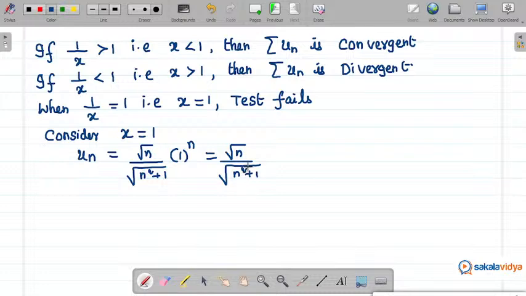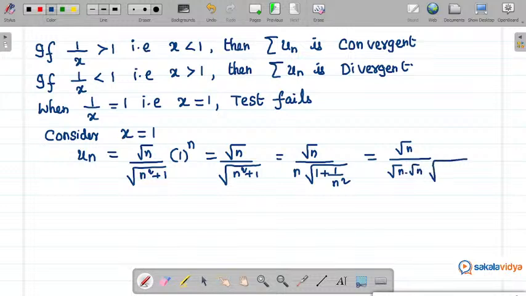So that means actually what we need to do now here, we need to choose Vn. How to choose the Vn? Here actually root n as it is, you keep it up. From root of n square, take n square common, n common out, n by under root of 1 plus 1 upon n square you will be getting. So root n by n, this we can write root n into root n into root of 1 plus 1 upon n square.